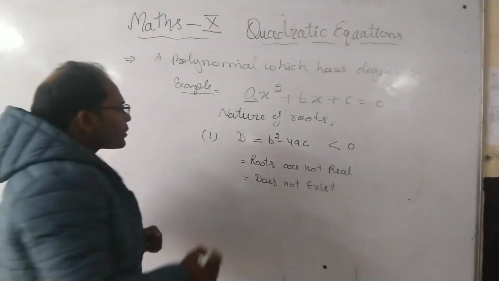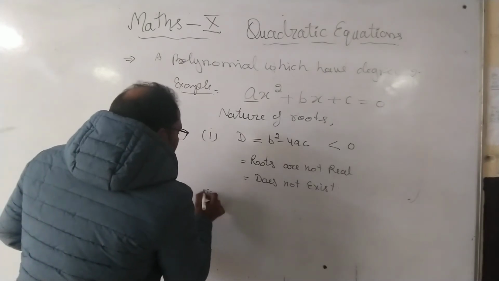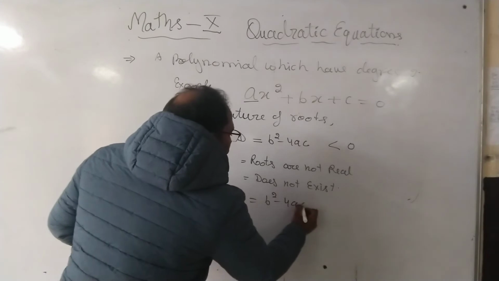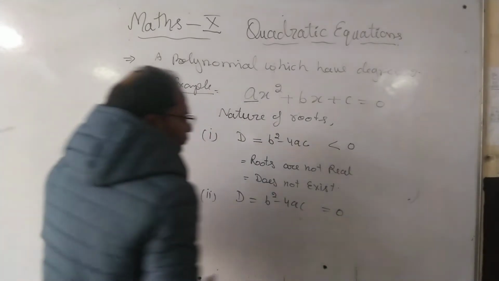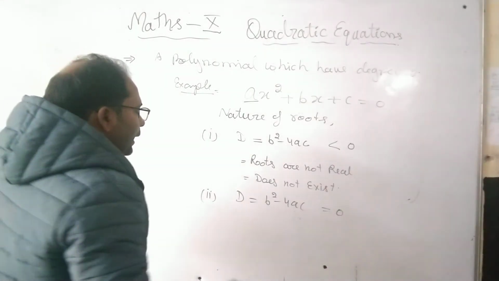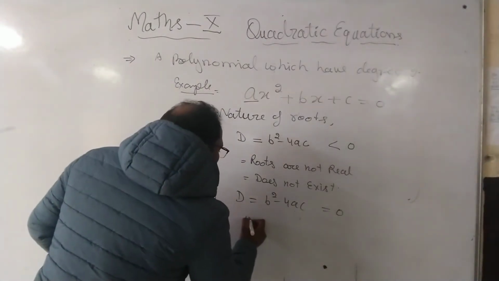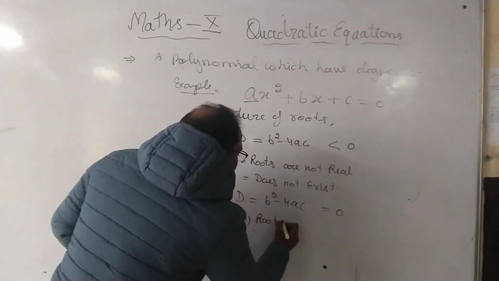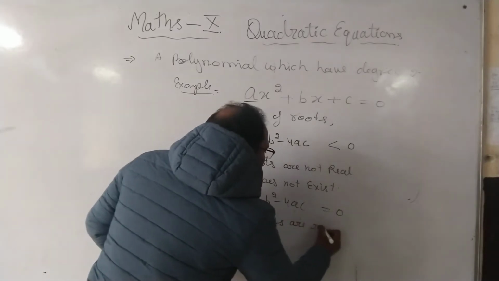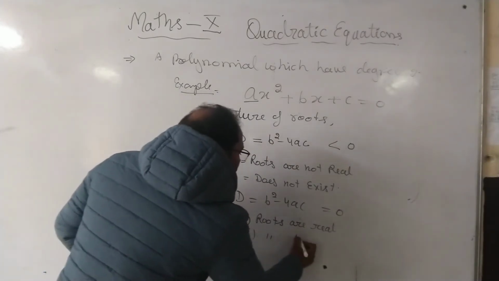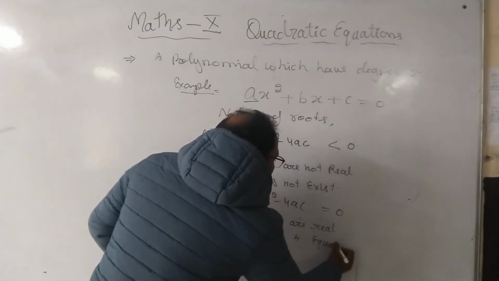Okay, next, second one. If b square minus 4ac equals to 0, if the value of the discriminant is equal to 0, then what is the nature of the roots? Number 1, roots are real. Number 2, roots are equal.